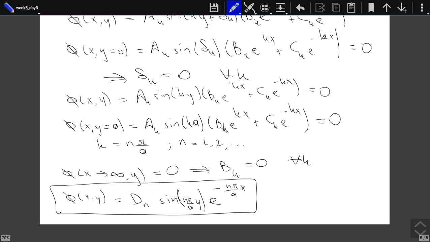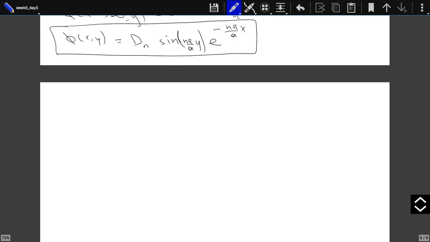This is a solution of Laplace's equation, which is 0 at the upper plane, 0 at the lower plane, and 0 at infinity. Still, I have one more boundary, the boundary at x equal to 0, that I need to satisfy. And for a single value of n, this doesn't satisfy my boundary.